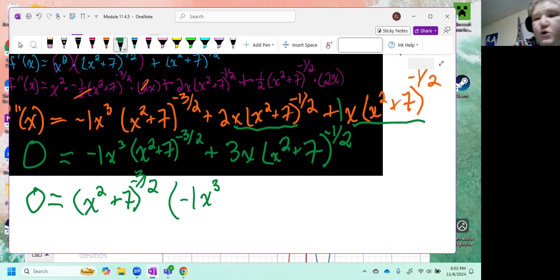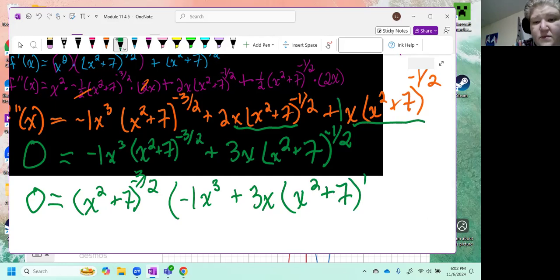Now the negative 1 x cubed, its ugly is the one that we pulled out, plus 3x times... I'm asking myself, negative 3/2 plus what number adds back to negative 1/2? If I add one positive whole, negative 3/2 plus 1 is negative 1/2. Okay, so now I have an ugly, disgusting mix that I cannot let be 0, and then I have something that's at least more polynomial-like.